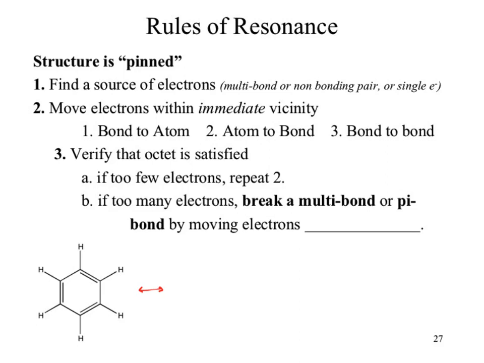How do we move electrons? Bond to atom or atom to bond? Well, right now we're starting with a bond, so we can only go bond to atom. So which of those 3 do you want to move? The upper right, I completely agree. We're going to take those electrons and I want to move them from the bond to an atom.